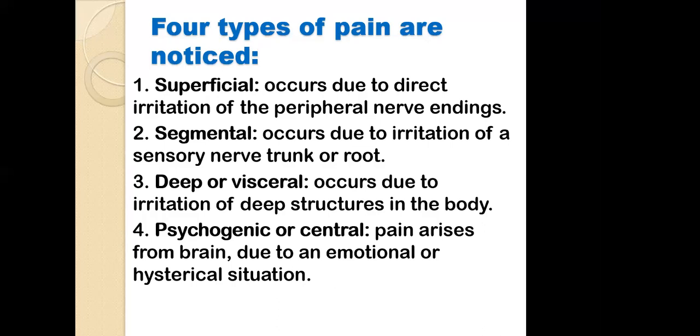So in your oral history, when they talk of pain, you want to try to localize, where is this pain coming from? Is it superficial? Is it segmental? Is it deep or visceral? Is it psychogenic?